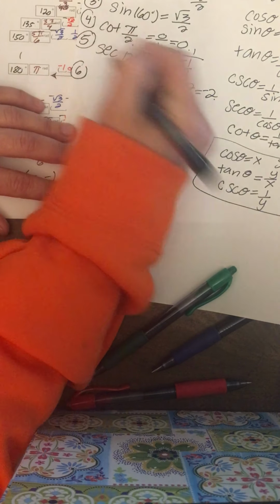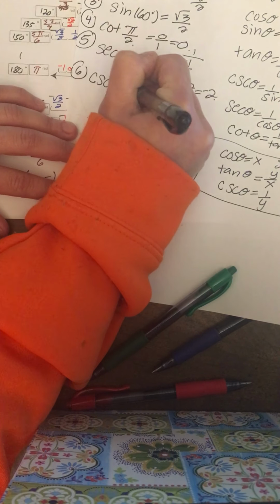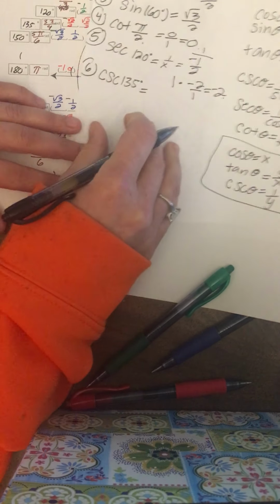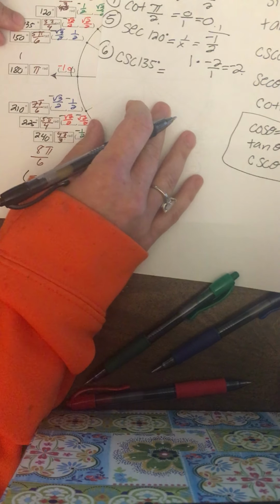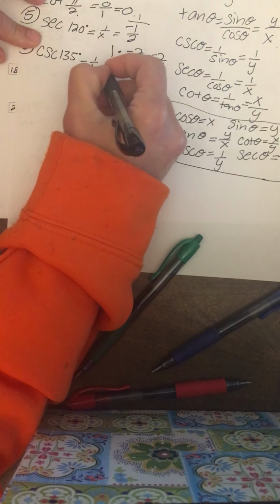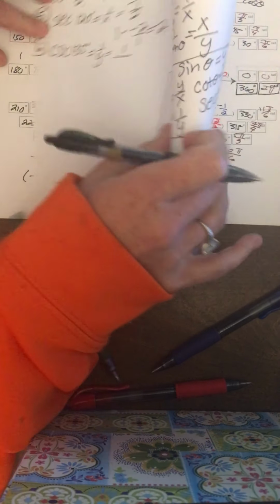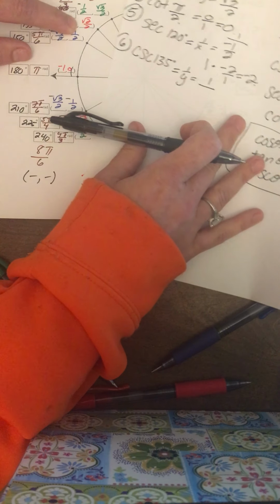Number 6 is cosecant of 135 degrees, okay? So we'll go to 135 degrees, and we'll see that the cosecant is 1 over y. So that's 1 over, at 135 degrees, y is the square root of 2 over 2.